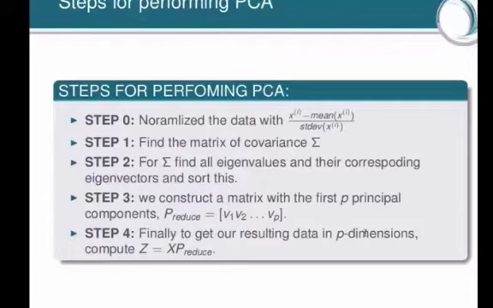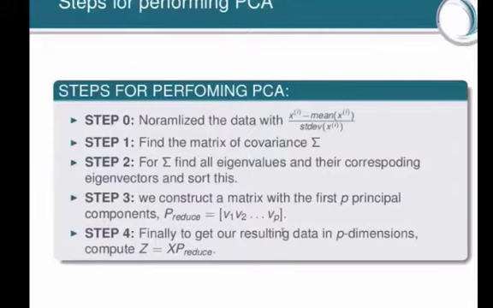We will transform the original dataset into a matrix of n by p dimensions, where n is the number of observations and p is the number of features. Step 4.